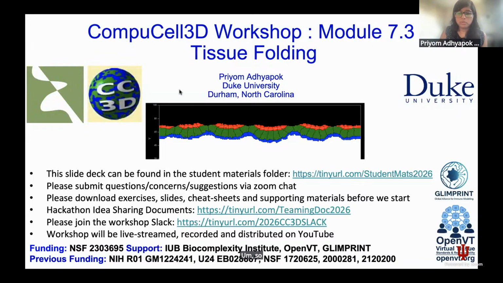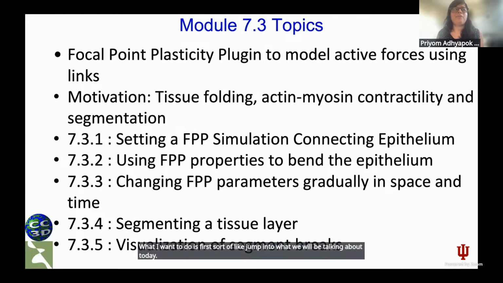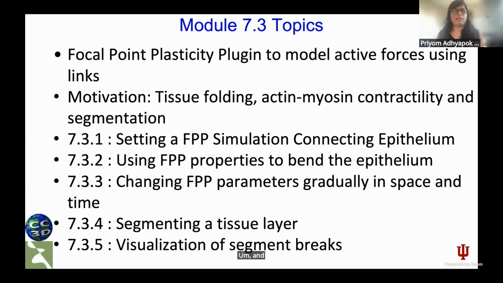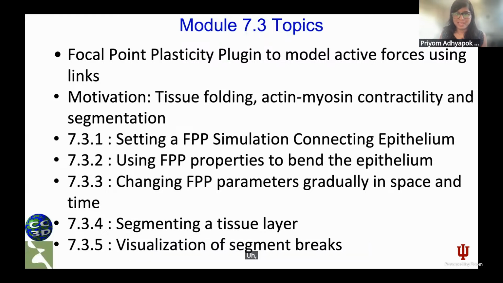So, what I want to do is first jump into what we will be talking about today. The motivation is that we, as biological organisms, come in a variety of shapes and sizes. But all of us began from, say, a clump of cells, which got molded and structured into the tissues and organs.